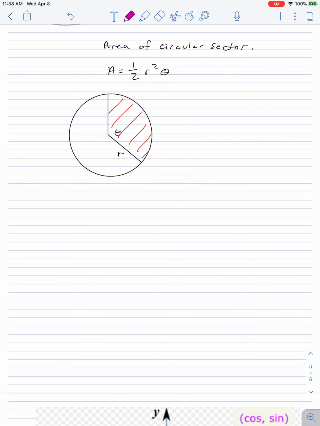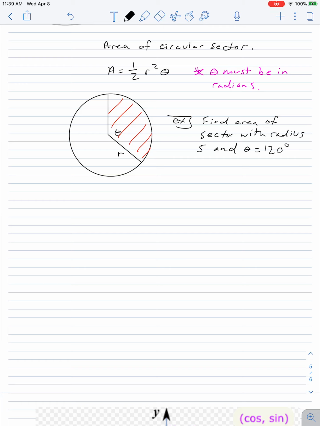Oh, also with these, theta must be in radians. So let's say the problem says find the area of a sector with radius 5 and theta equal to 120 degrees.